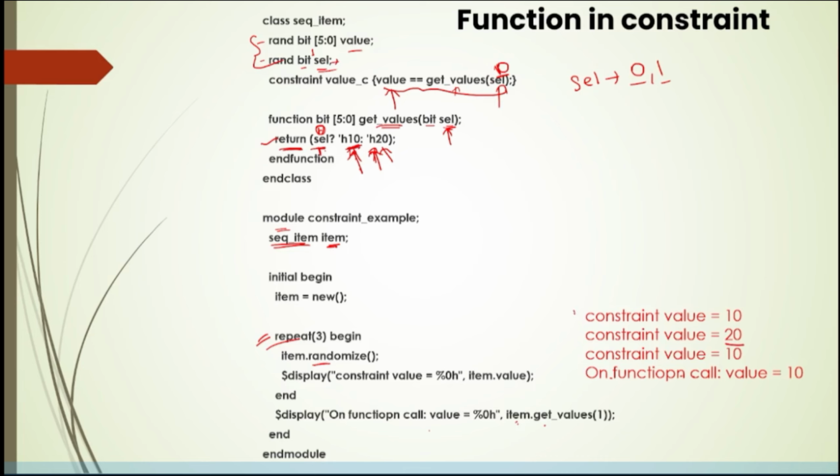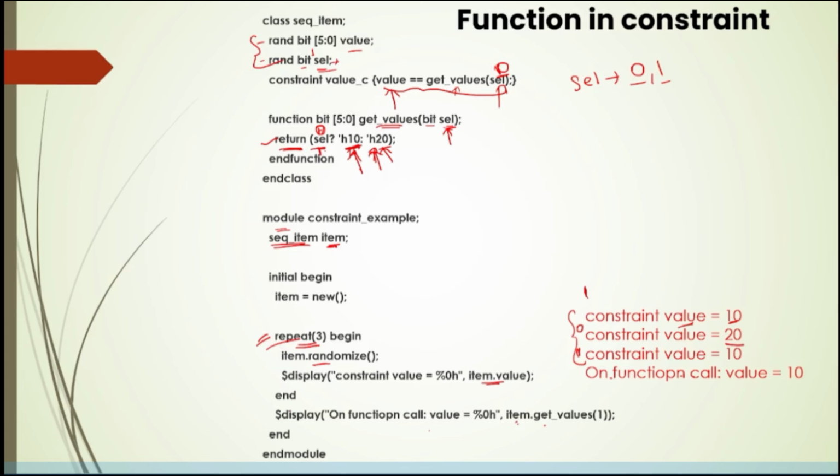Now if you see the output here, the constraint value is 10. That means the select is 1 for the first time, 0 for the second time, and again 1 for the third time. In this way I have randomized the values and I am displaying the constraint value, which is either 10 or 20.